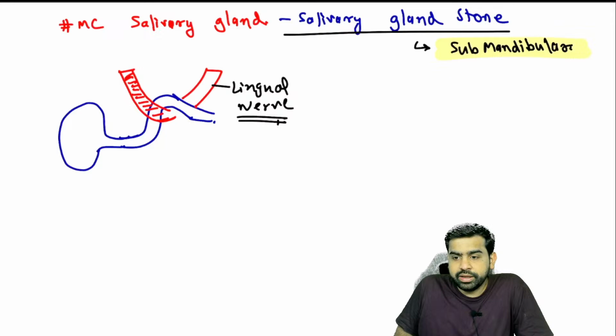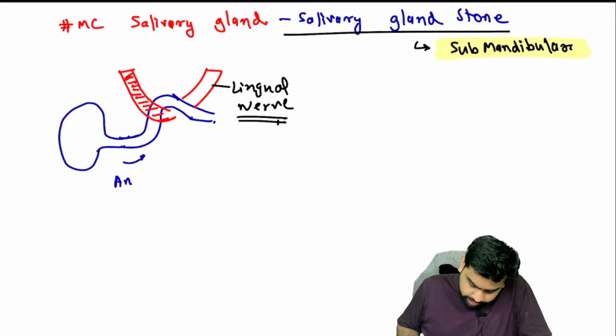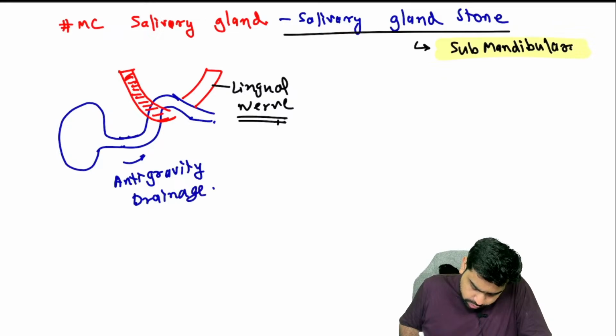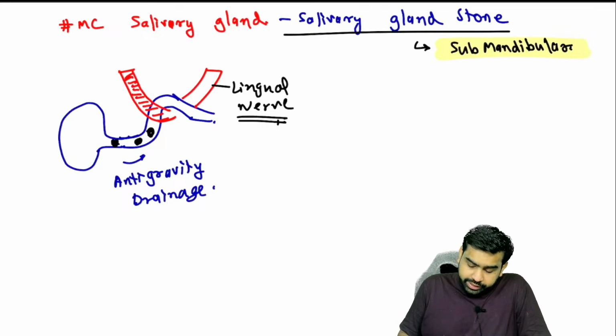And because it is hooked by the lingual nerve, there is going to be an anti-gravity drainage, and because of this, salivary gland stones basically develop in the submandibular duct and the submandibular salivary gland. Are you understanding my point? So that is what you need to understand.